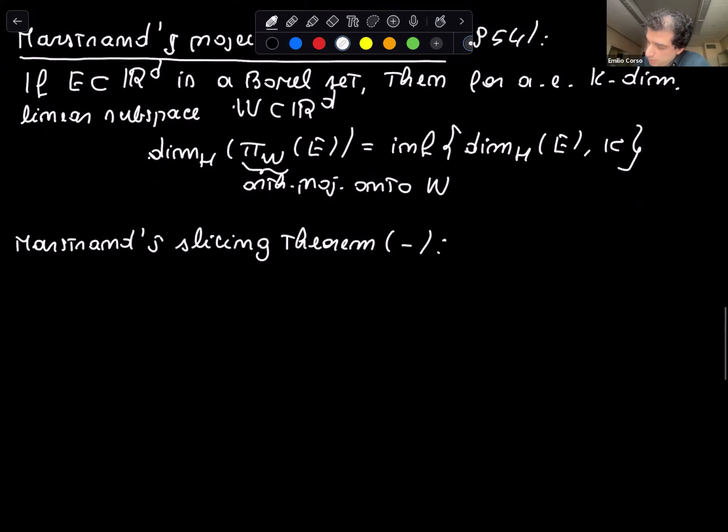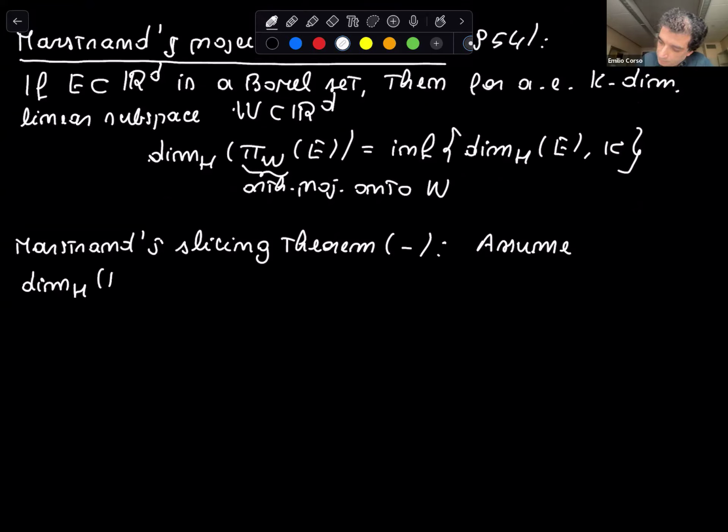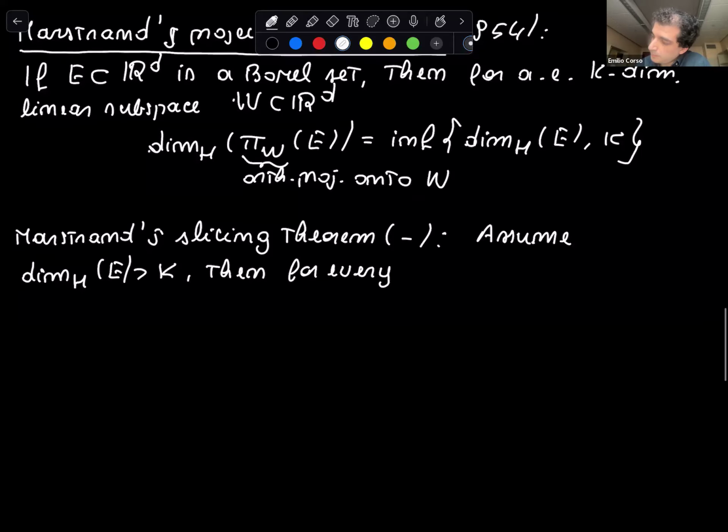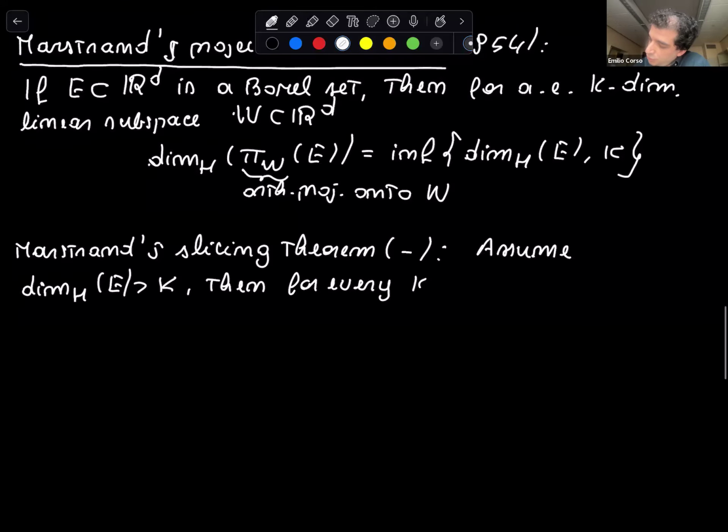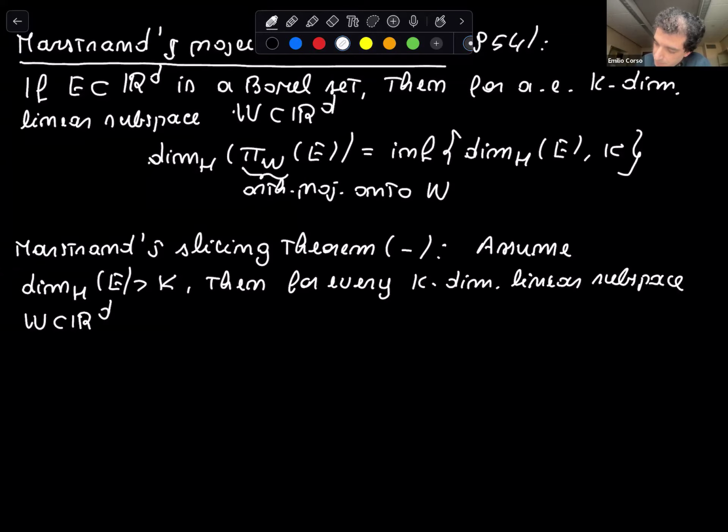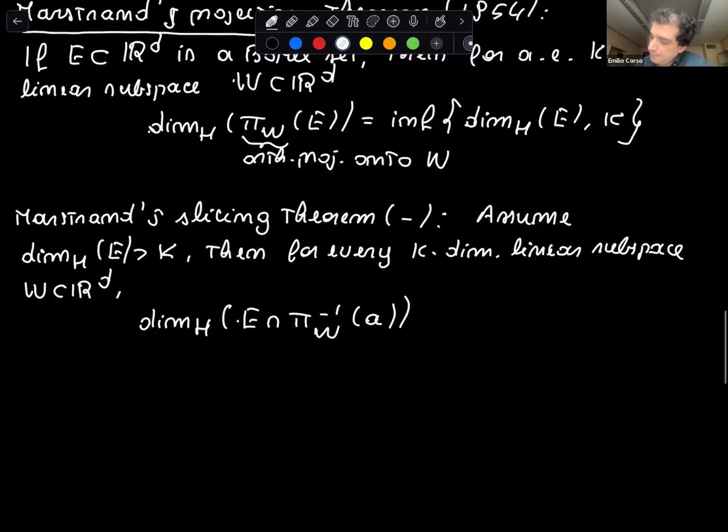One needs to assume that we are in the supercritical regime, that the Hausdorff dimension of E is strictly bigger than K. And then the statement is that for every k-dimensional linear subspace W, we have the upper bound that we expect for the slice, which is E intersected with the inverse image of the orthogonal projection under some element little a.